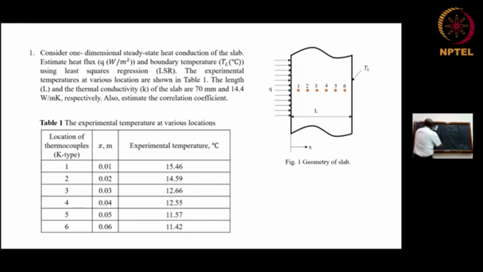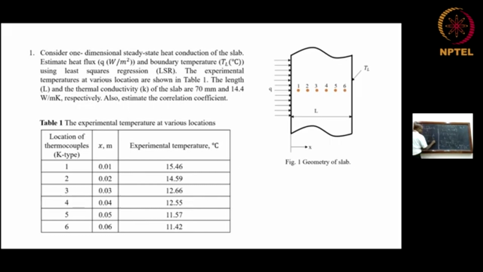Now, if you substitute T equal to T2 minus T1 into X by L plus T1, therefore, T minus T1 by T2 minus T1 equal to X by L. Temperature is linear.